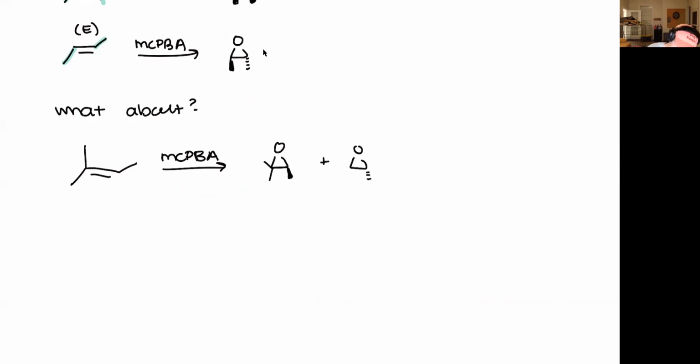Let me draw the legs a little better. We don't show any stereochemistry at that carbon right there because it's not a chiral center, and we're not trying to show a diastereomeric relationship. Since we don't have a chiral center there, we do not show the stereochemistry.